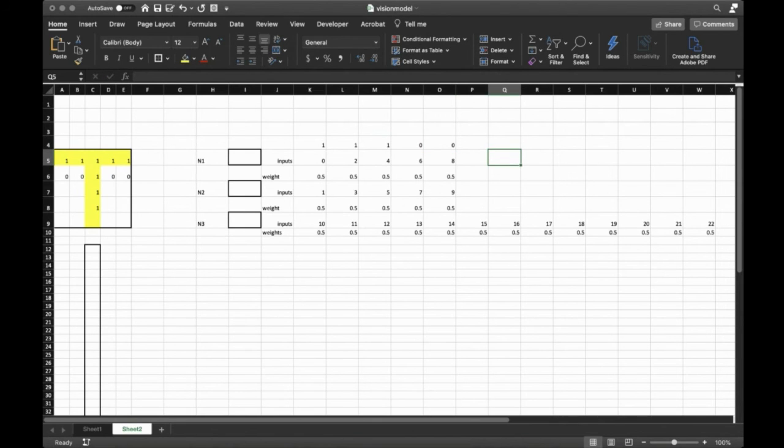So the weighted sum is going to be 1 times 0.5, 1 times 0.5, 1 times 0.5. So the sum is going to be 1.5. And then if the threshold is set at, say, 1.3, then it fires. If the threshold is set at 1.7, then it doesn't fire.